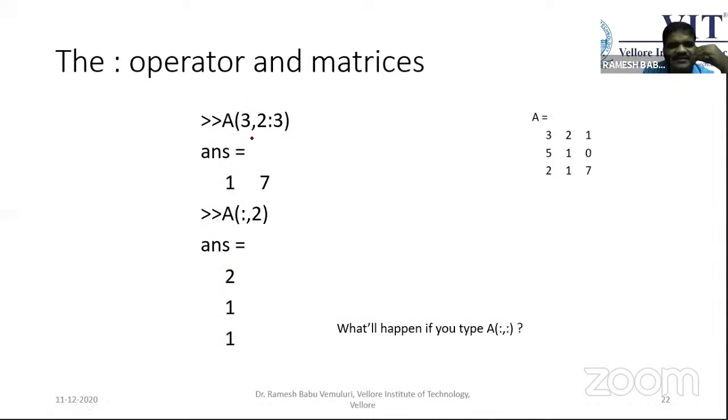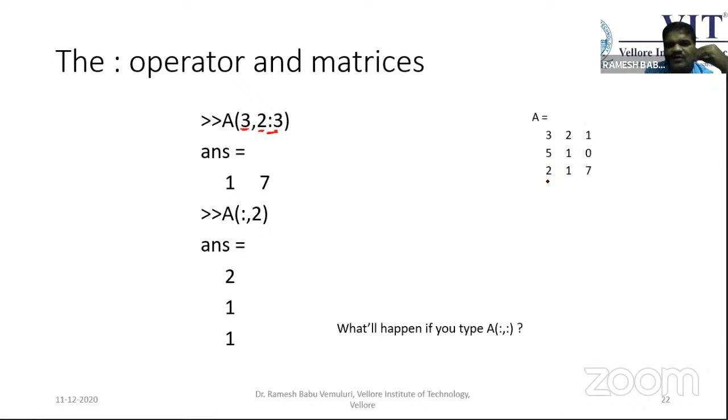Operator and the matrices: A(3, 2:3). That means the third row, and the second column to the third column. So how much gap? The step is only 1. So this is my row, these are my columns.